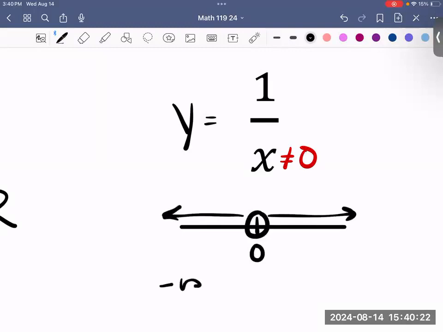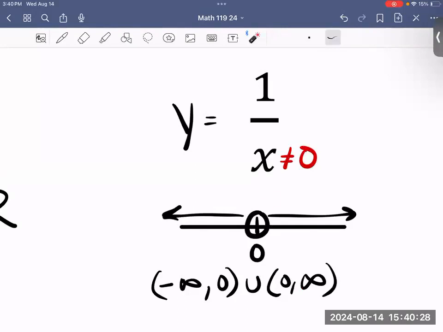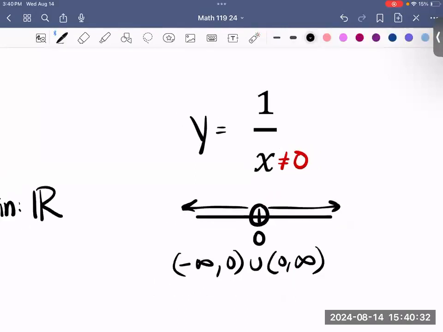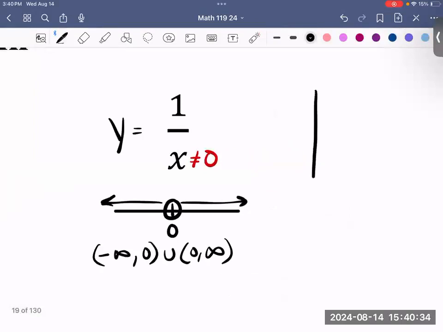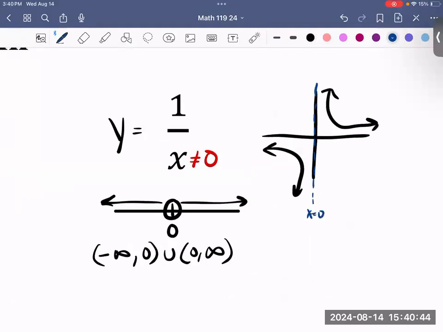So again, -infinity to 0, union 0 to infinity. We are just skipping over this one value. Now we don't know it yet, but the graph of this looks like this over here, where x is equal to 0 is right here. So you're noticing that vertical asymptote.